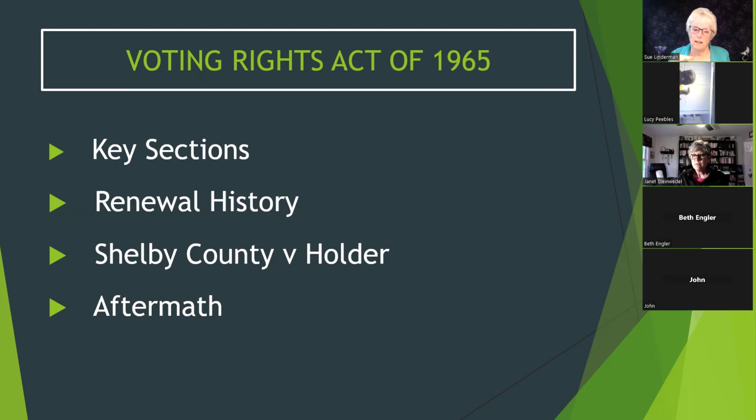And so the law provided that that formula for determining the jurisdictions actively seeking to prevent African Americans from voting could be currently identified. And Section 5 said that for those targeted areas, no change could be made to any aspect of voting laws unless that change had received pre-clearance from the Department of Justice. If the Department of Justice said the change was okay, it could be enacted. Otherwise, it could not.